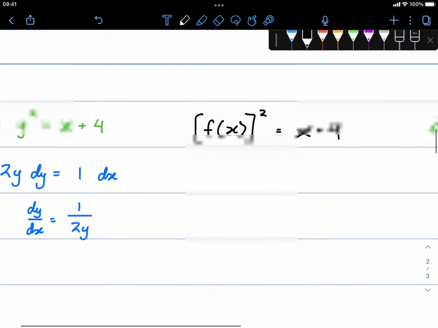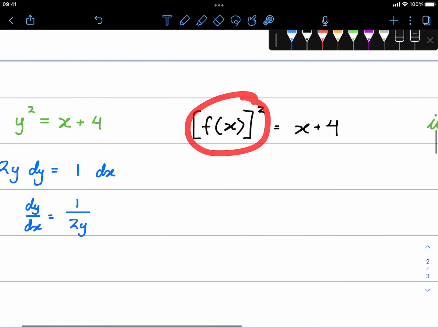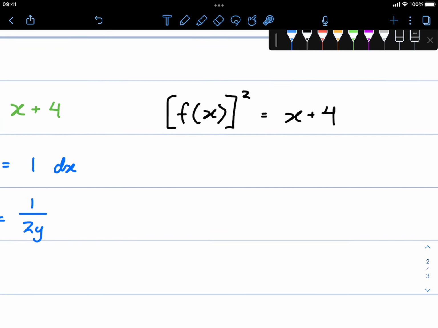Now, if we were to differentiate this, we would treat it as if it were the chain rule. So we differentiate the outside first, so 2 to the front. The inside stays the same. Instead of x, it'll become 1.